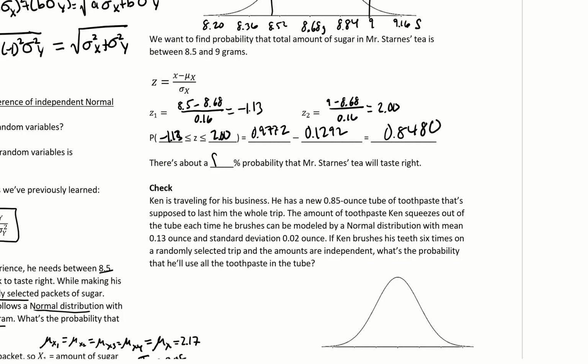So there's about an 84.8% probability that it tastes just right. Now, we can round it to 85% or whatever. But let's use the calculator. Remember how we do this on the calculator? So we're going to do the normal CDF, right? The normal CDF stuff.